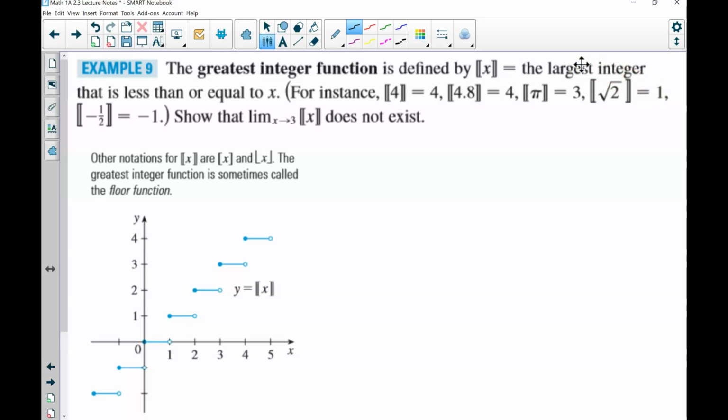And so what we want to do is show that the limit as x approaches 3 of the greatest integer function does not exist. So let's take a look at the first part.